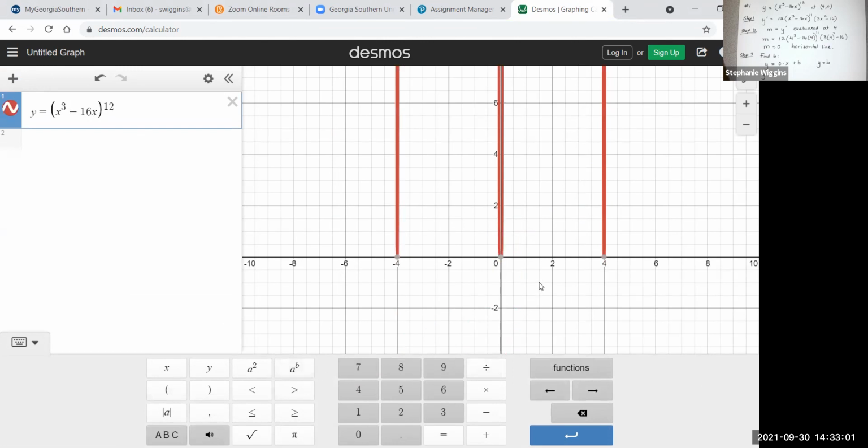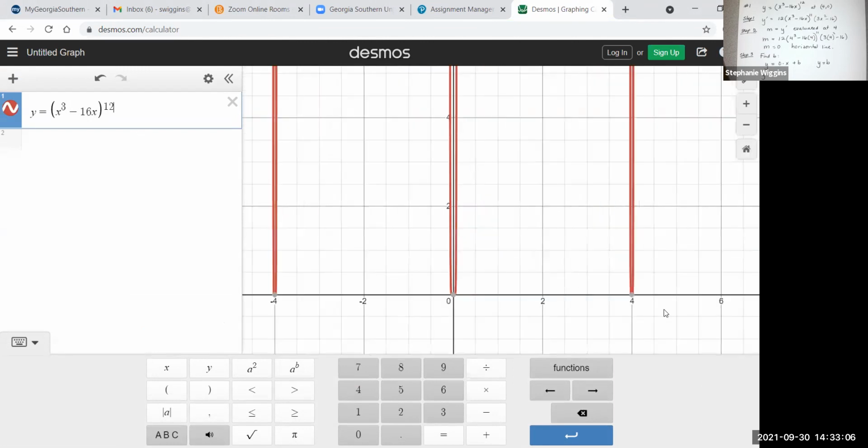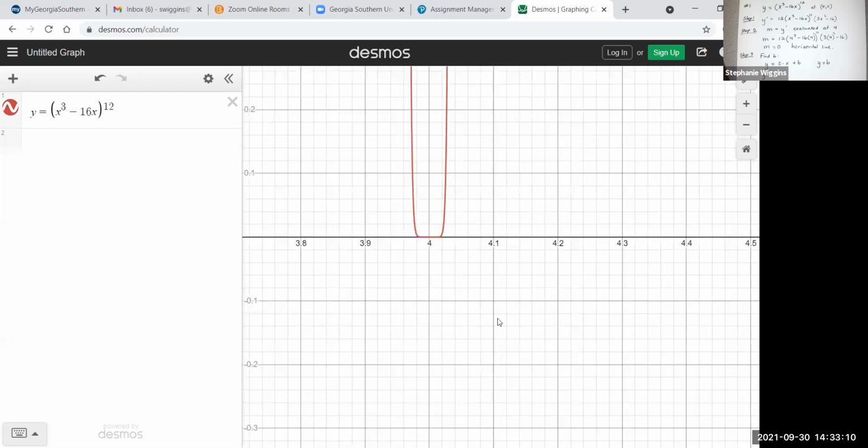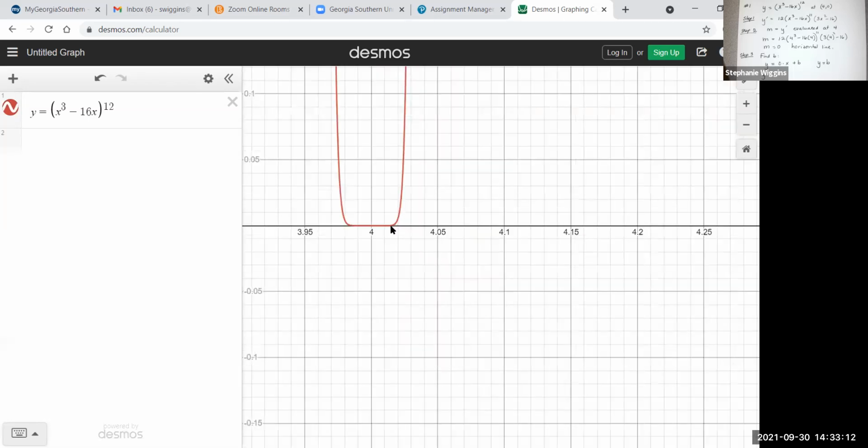And you can see here at 4, we zoom in, the tangent, now that looks like a solid line touching the x-axis, but it's just getting closer and closer. The tangent at 4 is the horizontal line here, and because it's on the x-axis, the equation for the x-axis is y equals 0. So that is our tangent at 4.